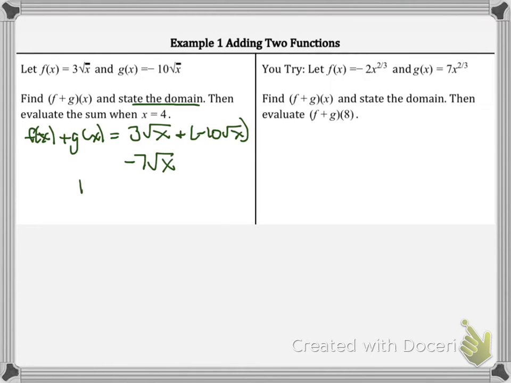So then our domain, the domain for this is x has to be greater than or equal to 0. We can't have anything less than 0. We can't have any negatives in our square root. It's an even root. The next thing is we need to evaluate the sum when x equals 4. So we'll plug in 4. So this is negative 7 times 2. So the answer is negative 14.